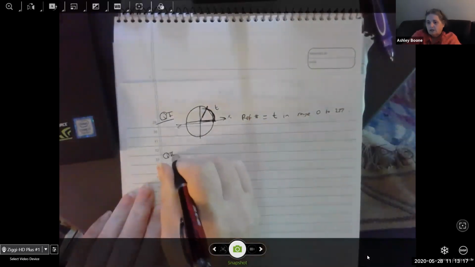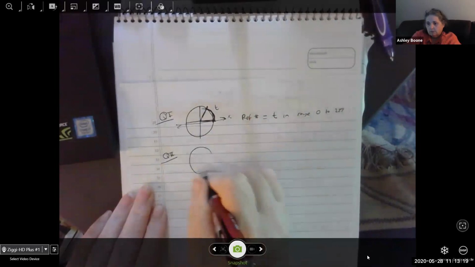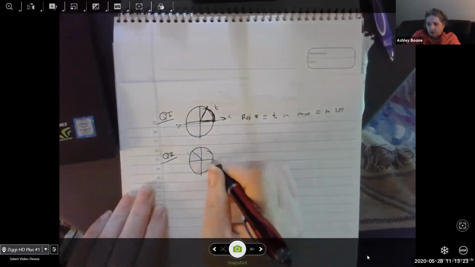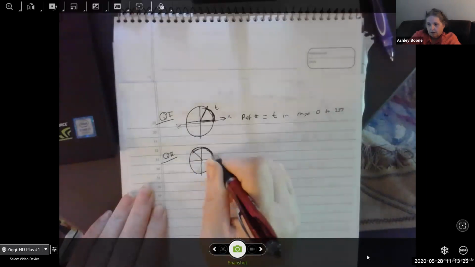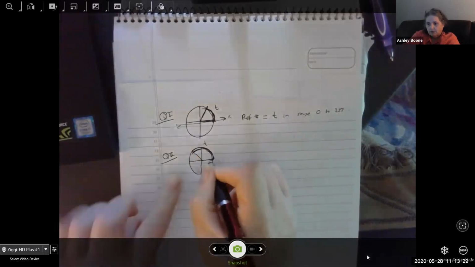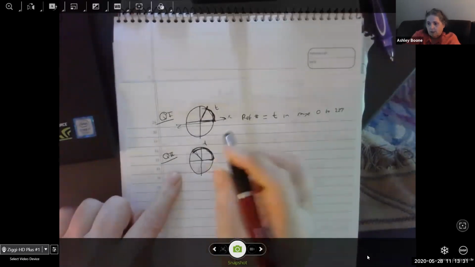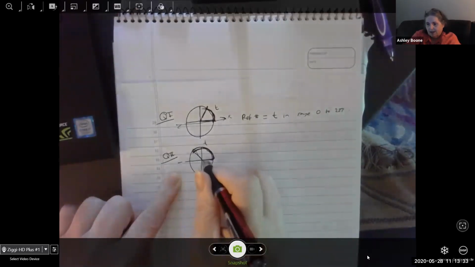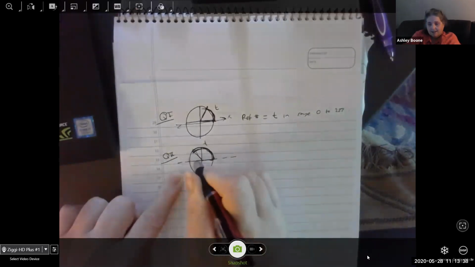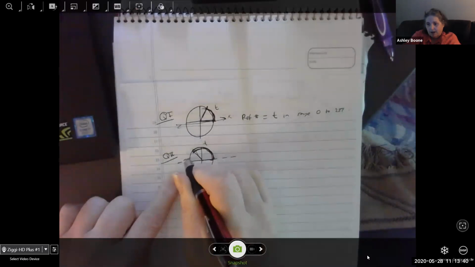If you are in quadrant 2, somewhere over here, here's your t. There's your t. That's going from 0 to the terminating side. Remember that your x-axis here, if you go all the way to the left side of the x-axis, that's a distance of pi.